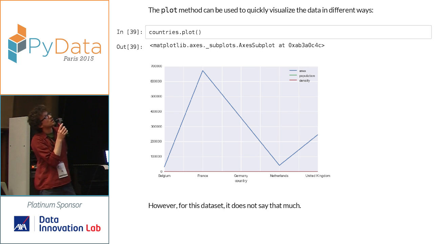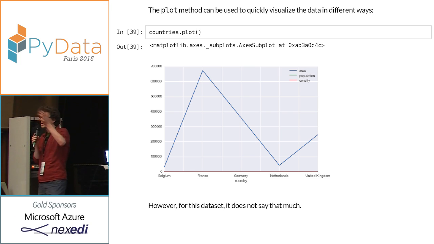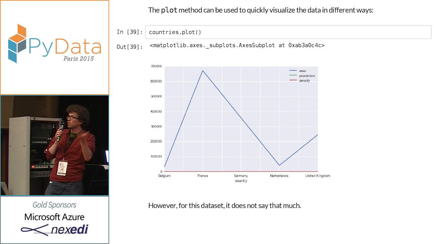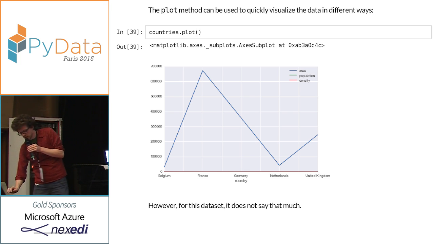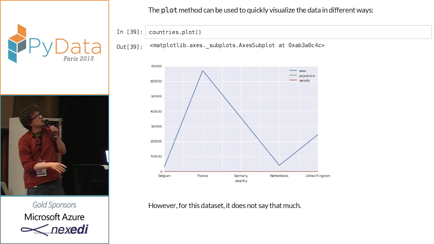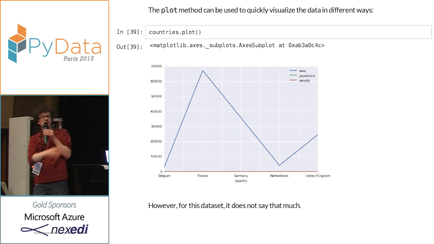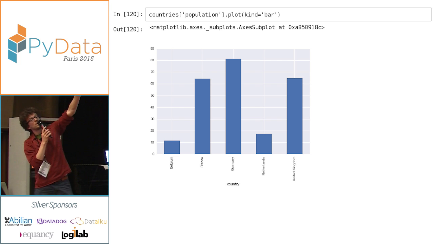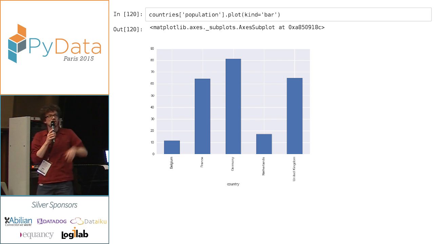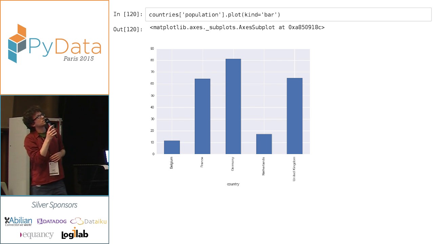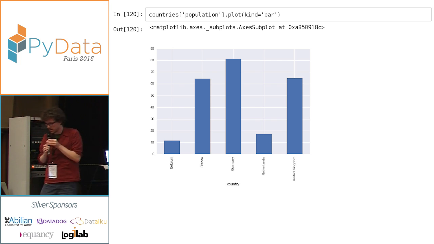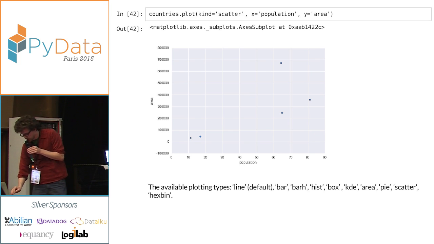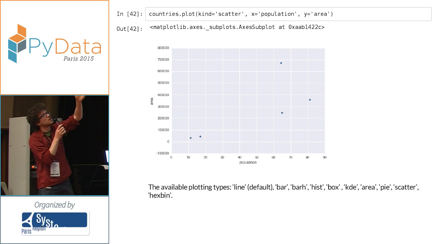The data frame also lets you quickly plot some of your data, just to explore it. In this case, I used just plot. The default is line plots, and in this case it's not a useful plot to show, but I can specify a certain kind of plot, and we have some baked into Pandas, for example, a bar plot of the population in this way, or I can scatter plot between the population and the area.